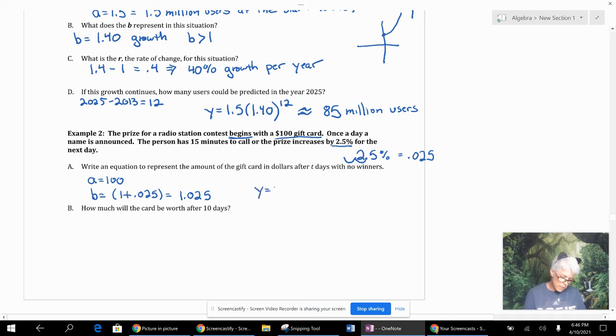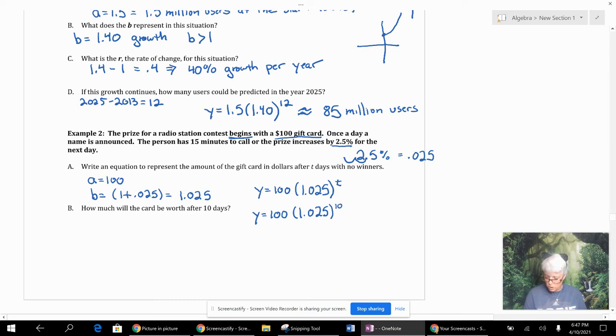So I'm going to go ahead and create my equation. Y equals my starting point, which is A, which is the 100, times my rate of change, which is my growth, 1.025, to the power of T. And then the question asks after 10 days. So now I'm going to take this same equation and put it to the power of 10.